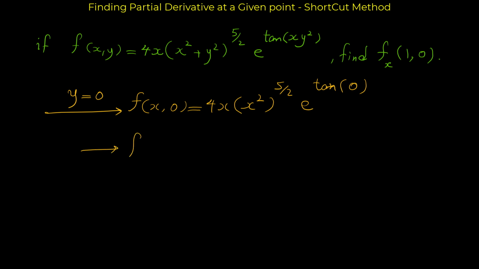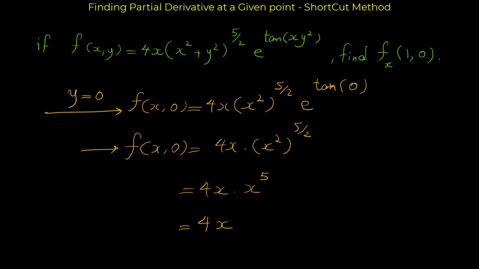So our function would be 4x times (x^2) to the power of 5/2. Power to the power multiplies. So this equals 4x times x to the power of 2 multiplied by 5/2, which would be 5. So finally our function would be 4x to the power of 6.